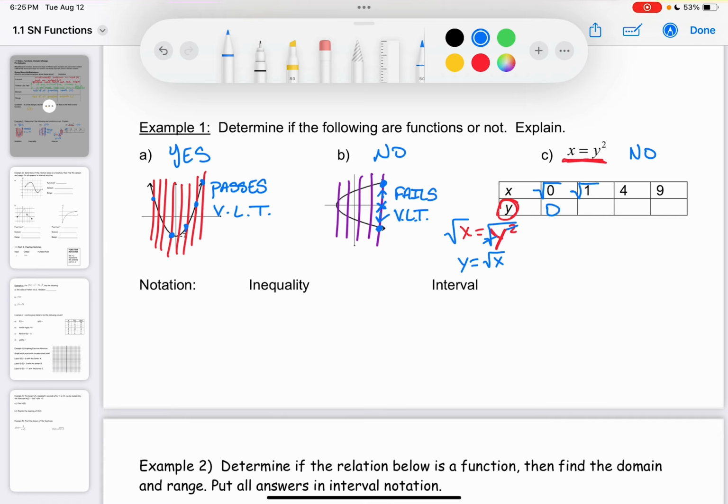What's the square root of 1? Positive or negative 1. What's the square root of 4? Positive or negative 2. What's the square root of 9? Positive or negative 3. So I put in one number and I get out 2. So it fails the definition of a function. It is not one-to-one, as we would call it.